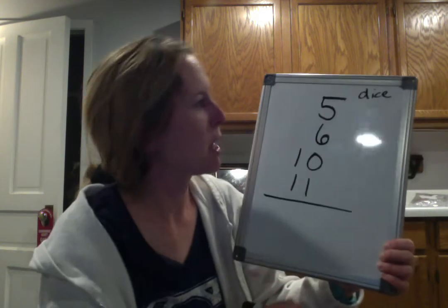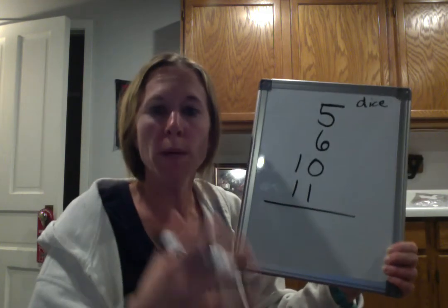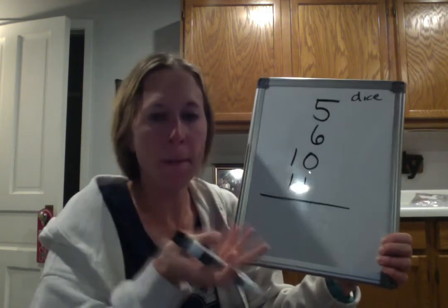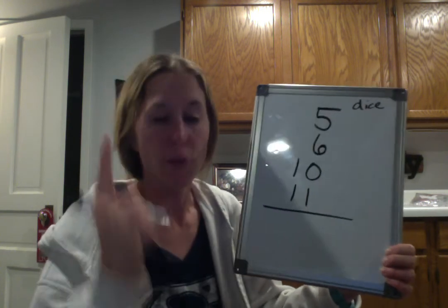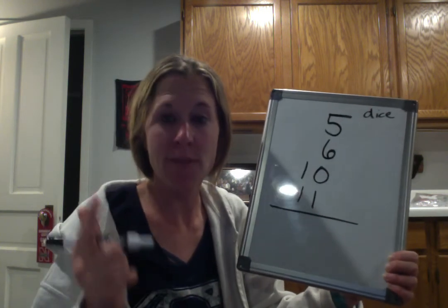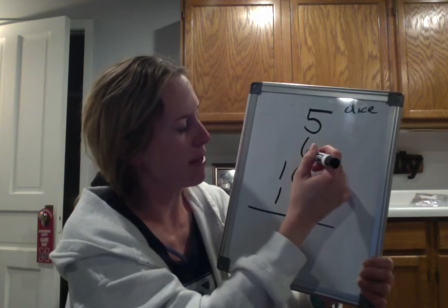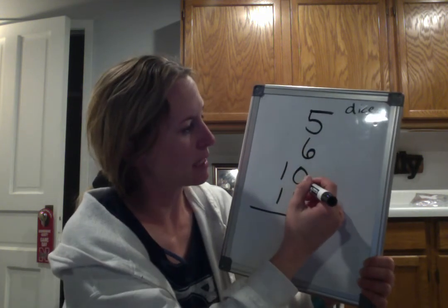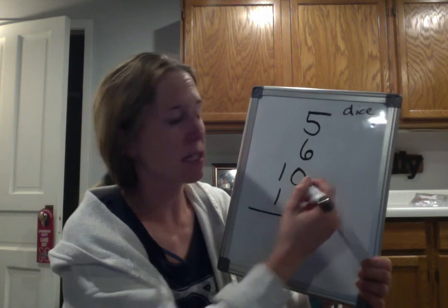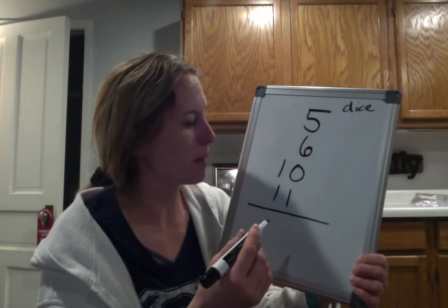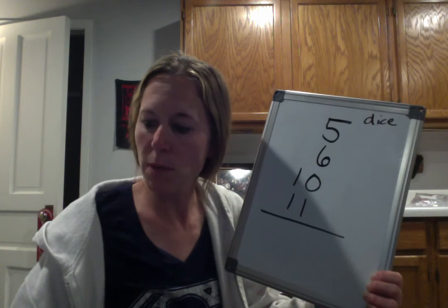So now we want to know what was the average number rolled on the dice. First step is you have to add and find your total, okay? 5 plus 6 is 11. 11 plus 10 is 21. 21 plus 11, that would be 32.